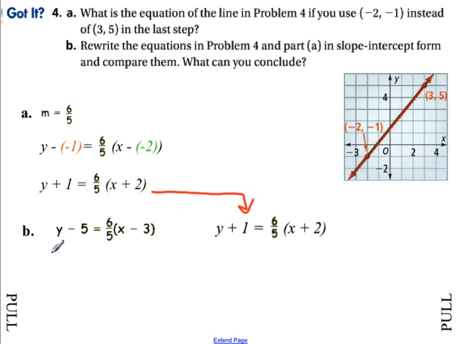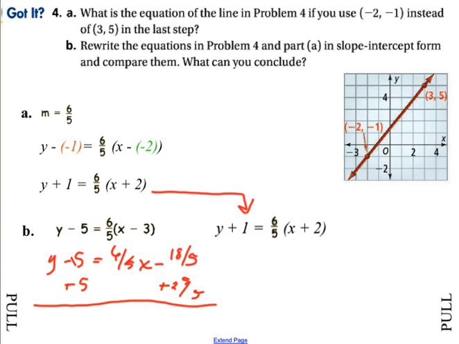Well, if I do that, I get y minus 5 equals 6/5 x minus, and then when we multiply the 6/5, we get 18/5. 6 times 3 gives us our numerator. Now we need to add 5 to both sides. 5 on the right hand side, if we want that in terms of fifths, would be 25/5, so we can add those fractions.